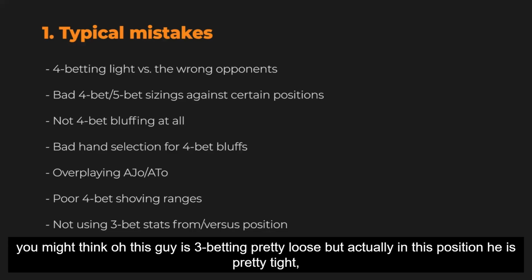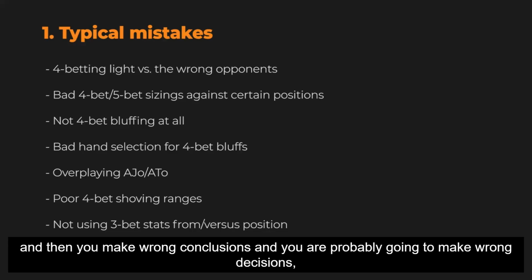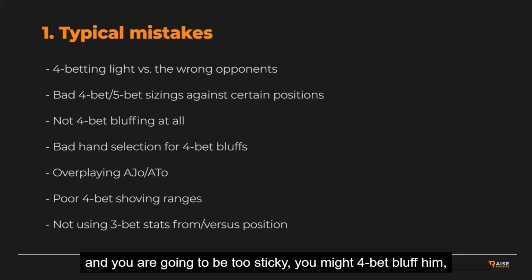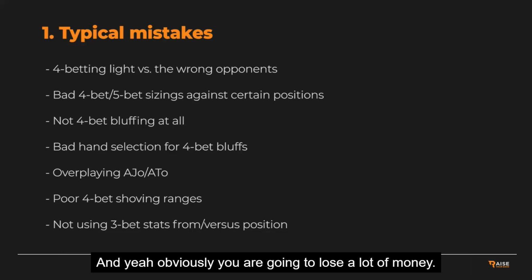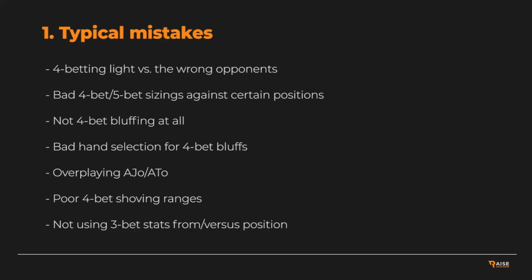But actually in this position, he's pretty tight. And then you make wrong conclusions, you're probably going to make wrong decisions, and you're going to be too sticky. You might 4-bet bluff him, or you wake up with too many bad hands on the flop in a 3-bet pot, and obviously you're going to lose a lot of money. So use the stats properly.